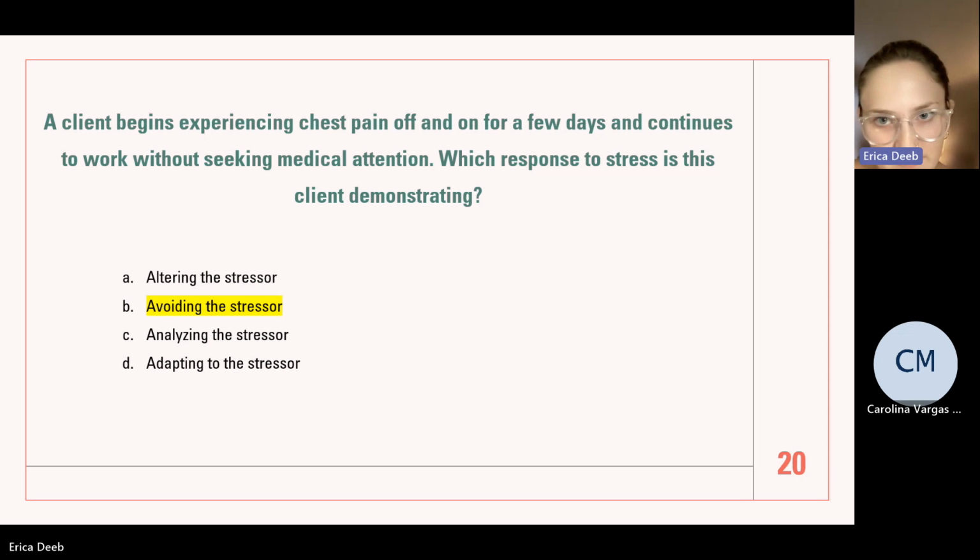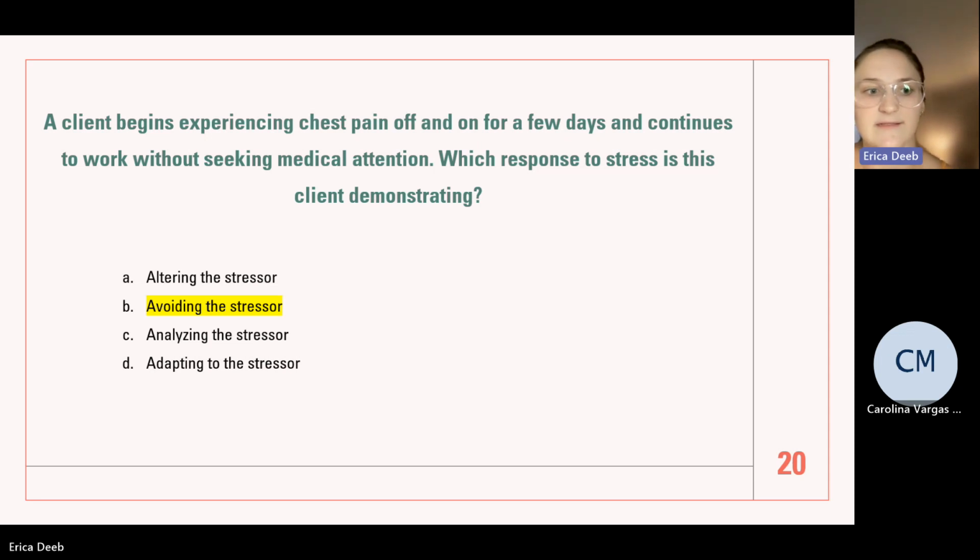Altering the stressor would be changing their behavior in response so that the stressor hopefully does not cause them stress. Analyzing the stressor would be questioning it, questioning its causes, and then adapting to the stressor would be if the client begins experiencing chest pain, they're able to deep breathe through it. They've adapted to it. They've developed those coping skills to manage it.